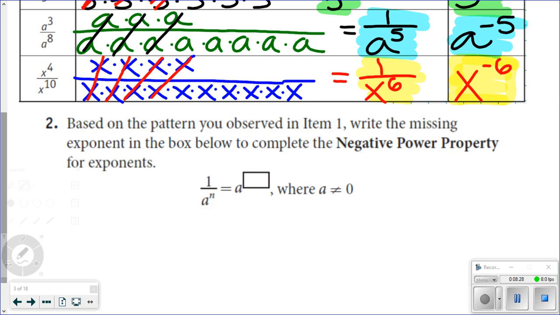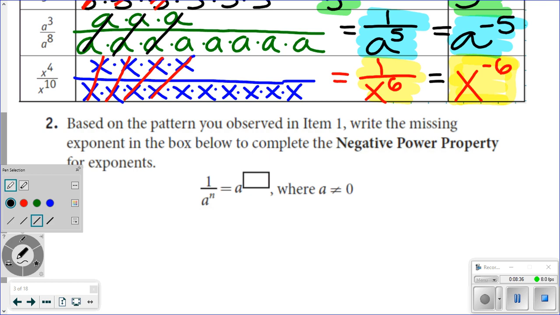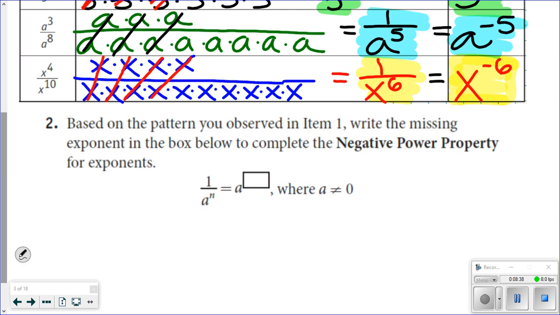That equals a to the negative 5th power. Or 1 over x to the 6th equals x to the negative 6th power. So what do you think we would put in this little box? 1 over a to the n equals a to the negative n.